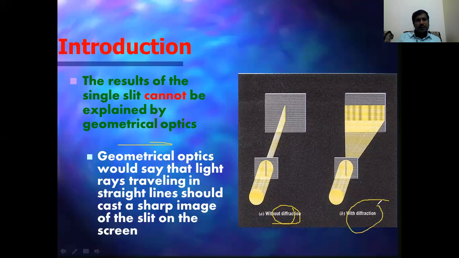Geometrical optics would say that light, traveling in a straight line, should cast a sharp image of the slit on the screen. You can see this clearly here without diffraction: it just goes straight. Here, because of the small size of the slit, there is a diffraction pattern. You can see that.